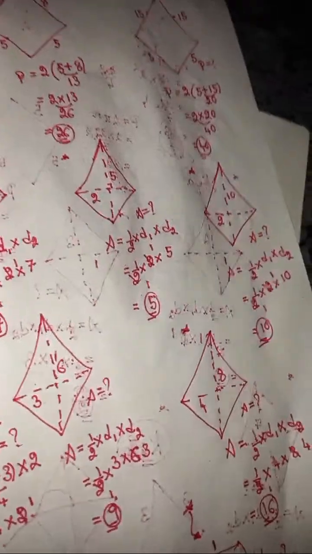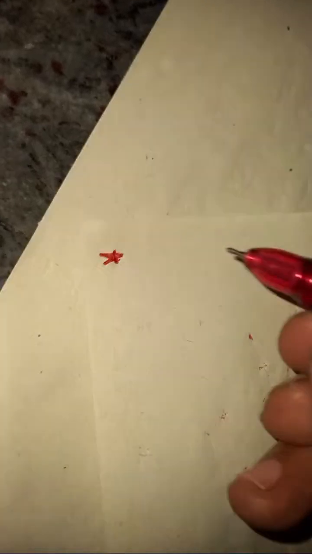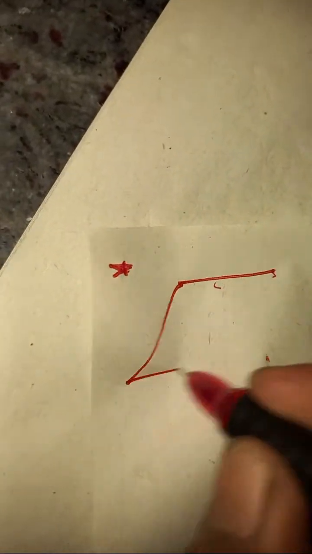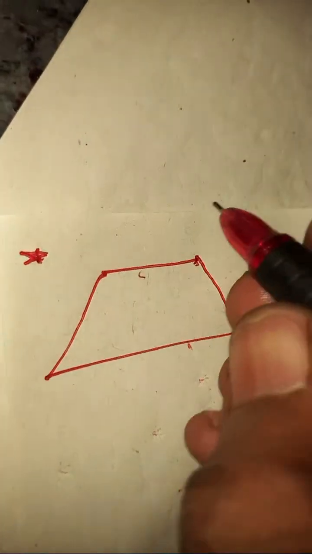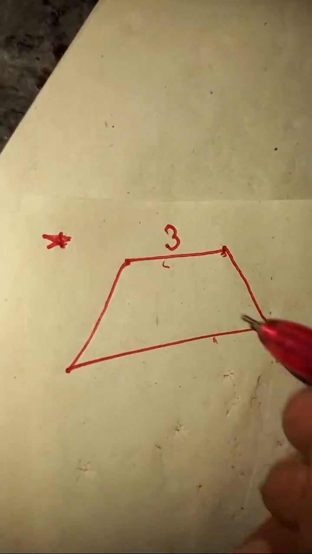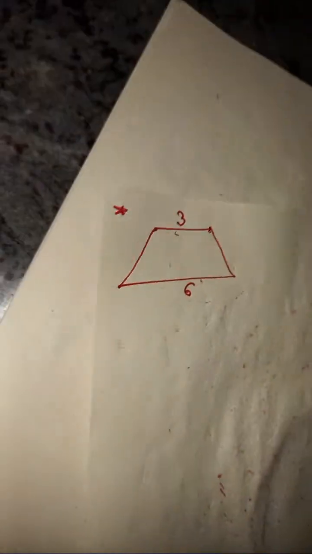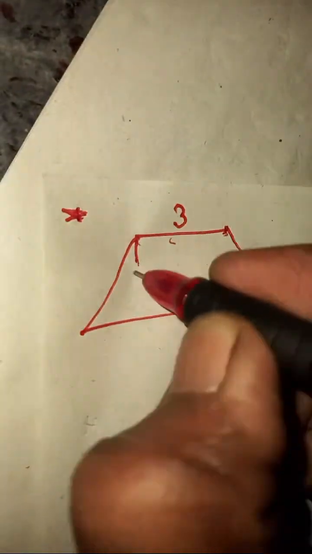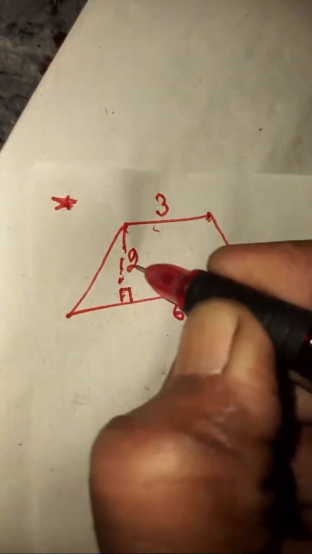And in this trapezium, they are asking for this one, like this. And here this side length is 3 units and this side length is 6 units. The perpendicular height they are giving as 2 units.